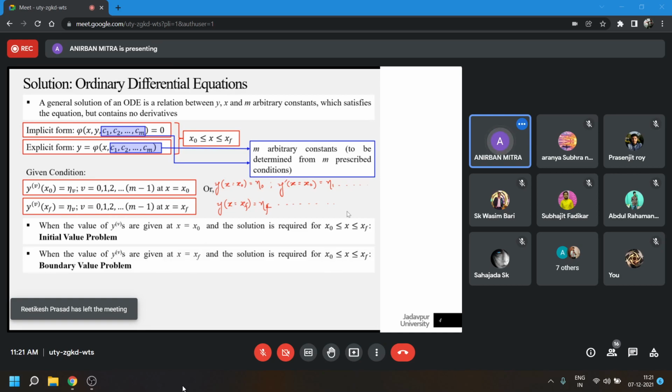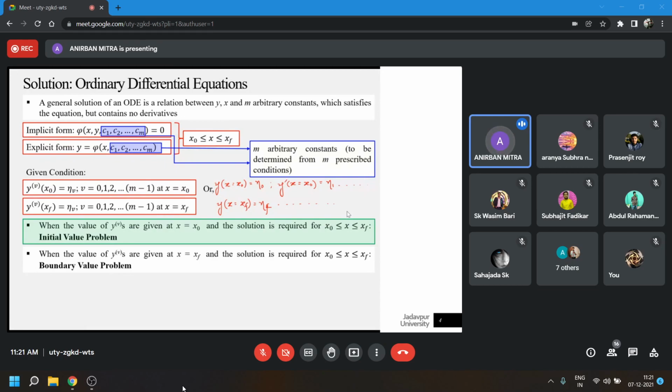Its counterpart is the boundary value problem, where the y^(v)'s are given at the final value of x, that is x equal to xf, and the solution is required for x varying from x0 to xf. So that is the definition of a boundary value problem. In our course, at present, we are interested only in the initial value problem.